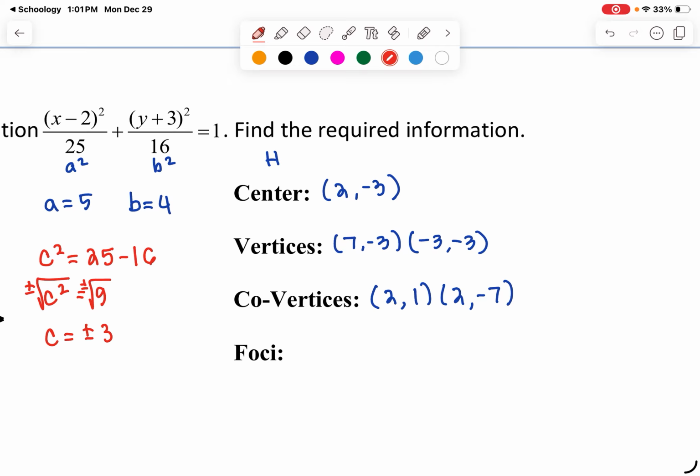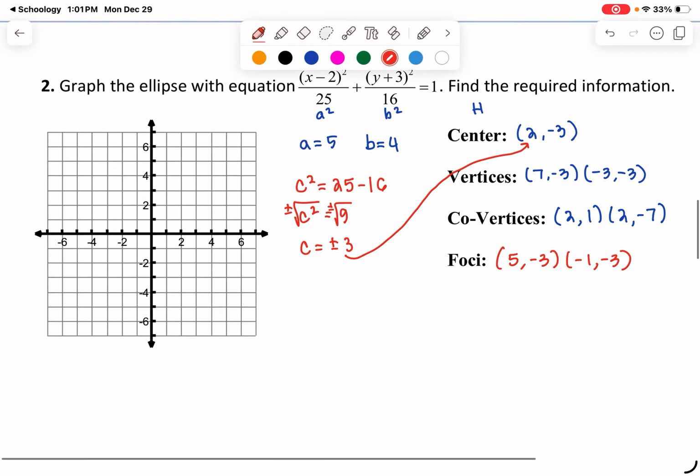So this is horizontal, so I want to move right and left 3 from here. I'm not going to put 2 plus or minus 3 because I can add 3 and subtract 3 from 2. So 2 plus 3 is 5. 2 minus 3 is -1. See that? Beautiful. All right, let's graph this and make sure it actually looks correct.